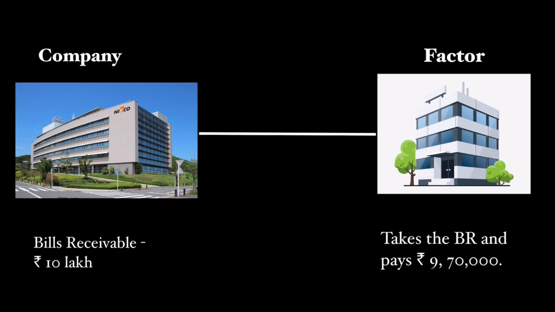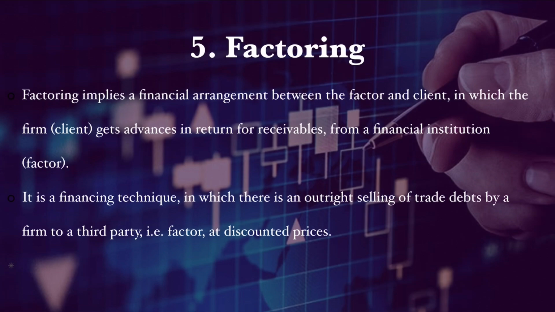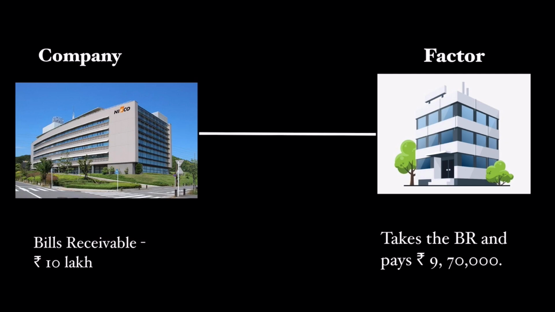Factor first pays a lump sum amount to the company, then according to the bill maturity date, it will go and recover the amount from the client or customer. So here the factor takes up the burden for a commission or fees from the company. This entire concept is called factoring, a financial arrangement between the factor and the client, that is, the company and the factor. Hope you have understood the concept of factoring here.